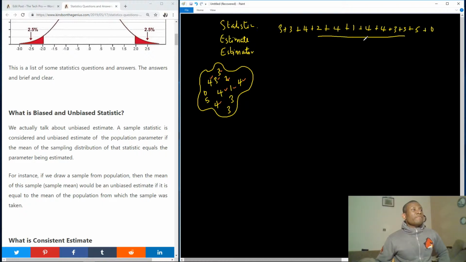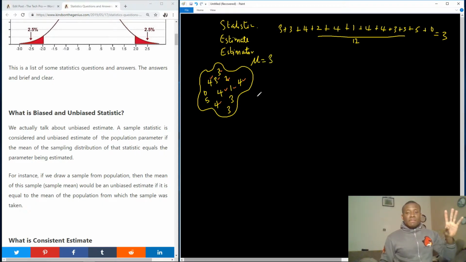If you total everything and divide it by 12, it will give us 3. So in this population, we've not taken any sample at all, and we have the population mean to be 3.